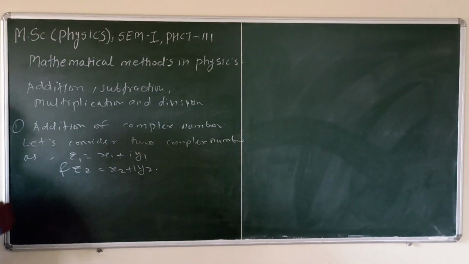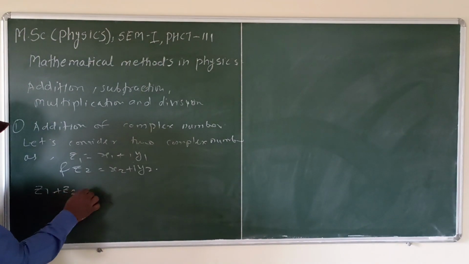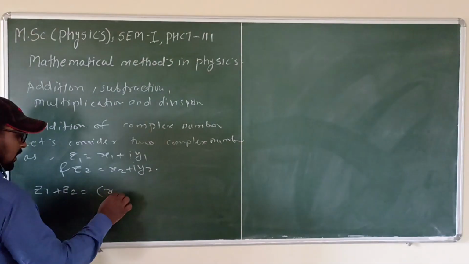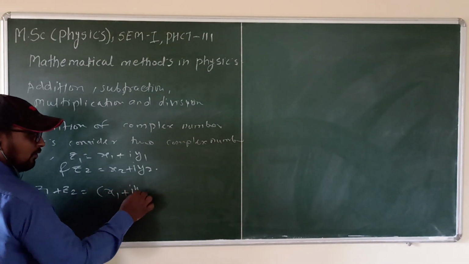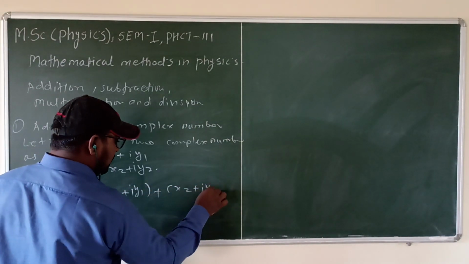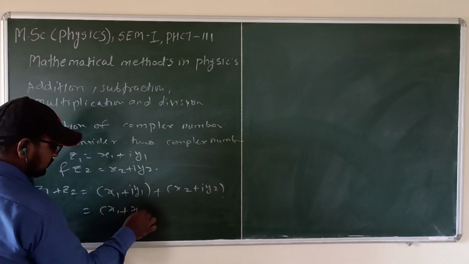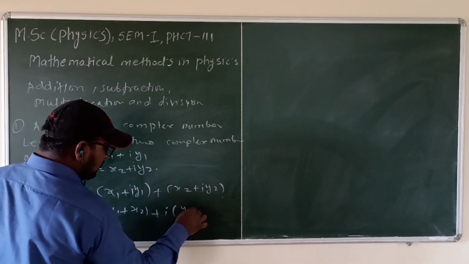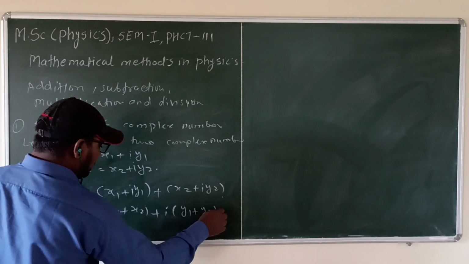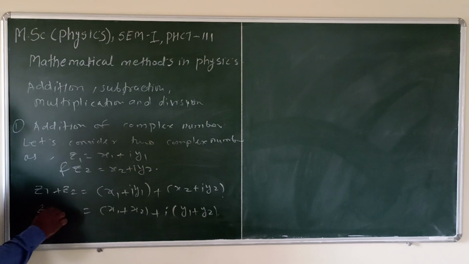To take the addition of these two complex numbers, z1 plus z2 is equal to x1 plus i y1 plus x2 plus i y2. This will come as x1 plus x2 plus i times y1 plus y2, right? This is the addition of z1 and z2.